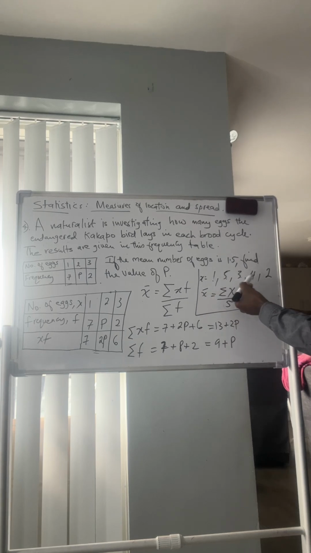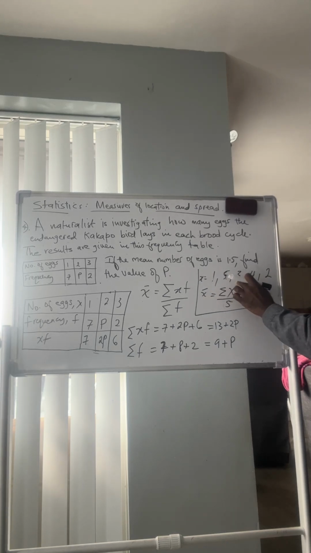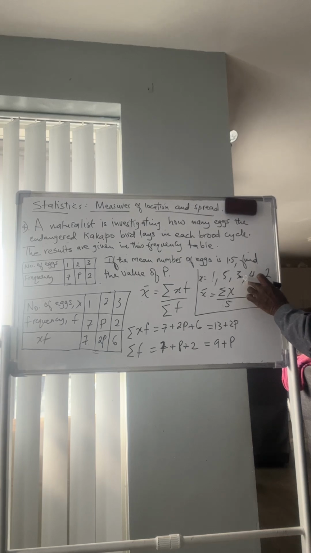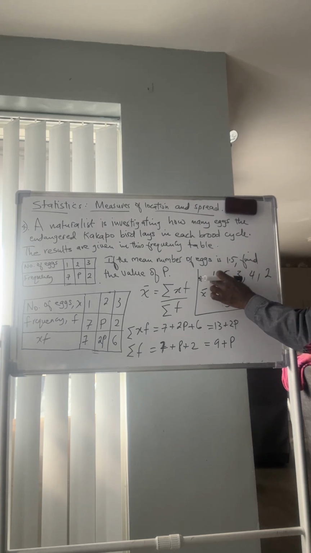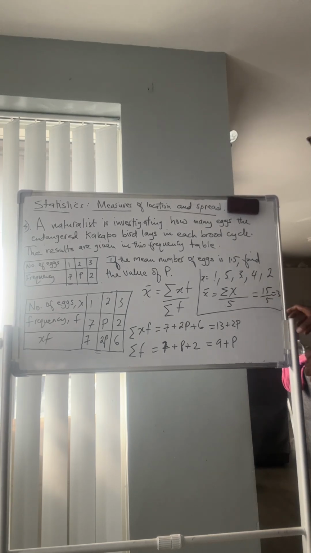You add 1 plus 2 plus 3 plus 4 plus 5, which gives 15. So 15 all over 5, so the mean is 3, right? But here we are given frequencies.